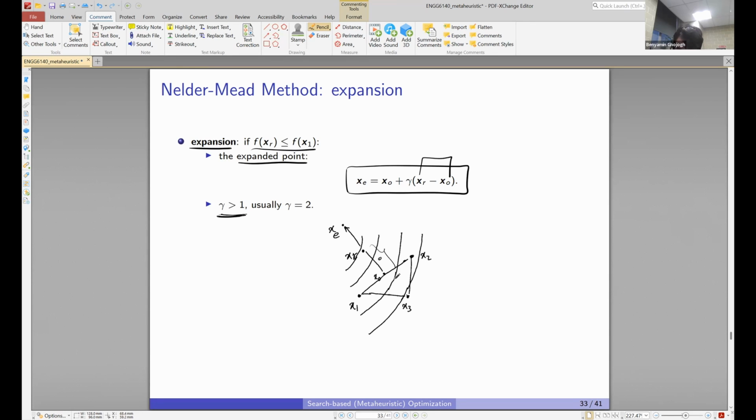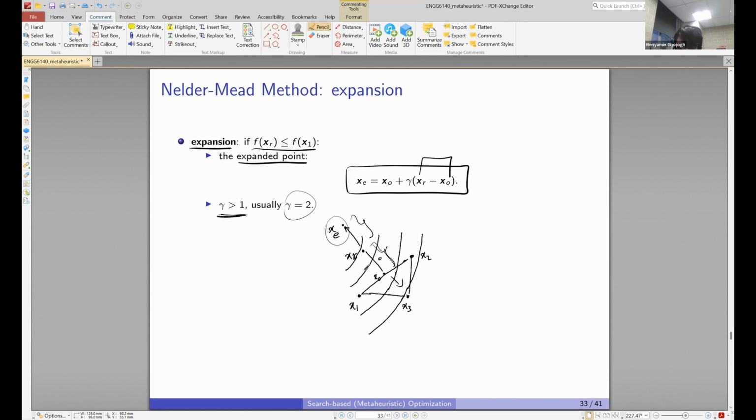It shouldn't be negative, because otherwise I will go in this direction, and I want it to be reflected. So it should be greater than 1, usually 2. When it's 2, it means that this length is the same as this length, because it's 2 of these. Now, this is xe, the expanded point. This is centroid point xo, this is the reflected point xr, and this is the expanded point xe.